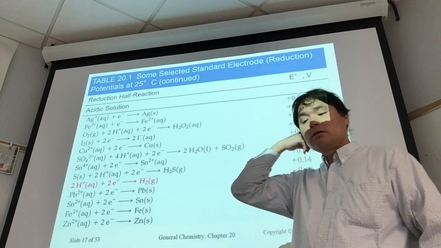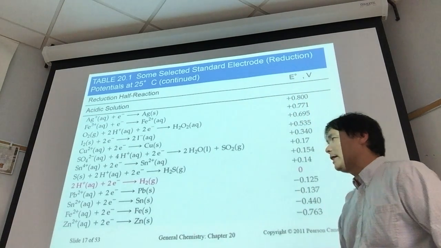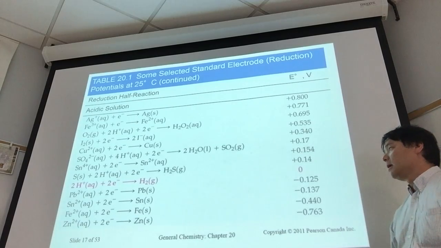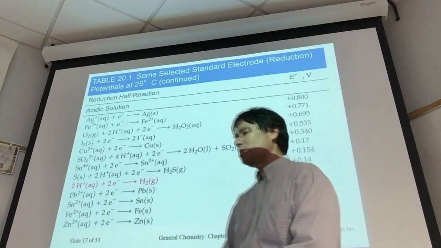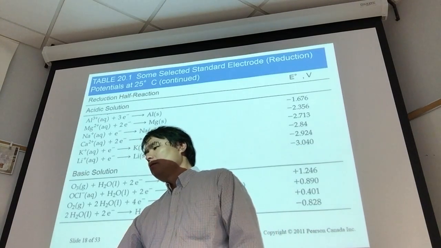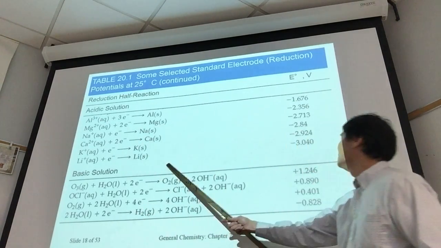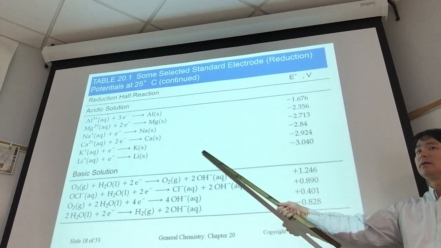Okay? And so it's very simple. You look at the number. The higher the oxidation potential, the more likely it is to be oxidized. And so what has the lowest oxidation potential on this chart? And what has the highest oxidation potential? Well, the highest oxidation potential is going to be positive 3 volts, and that's going to be lithium.